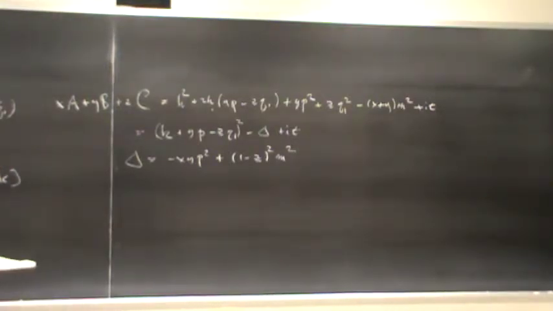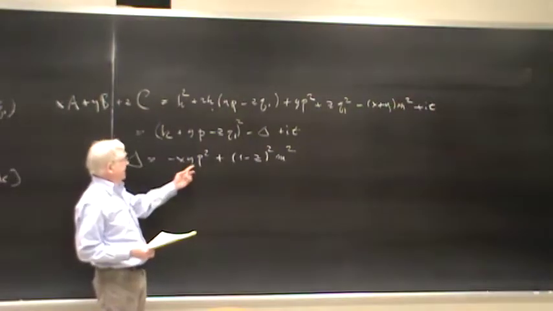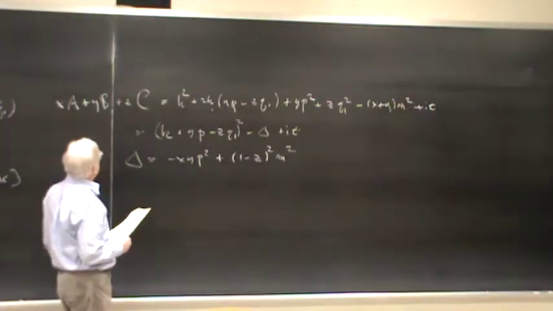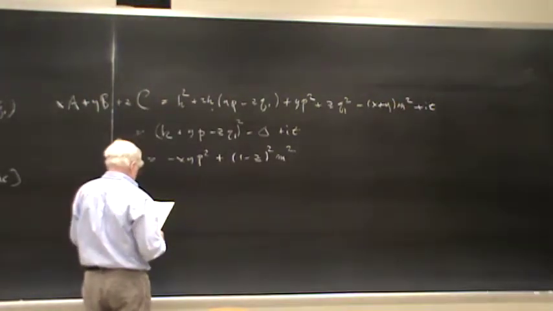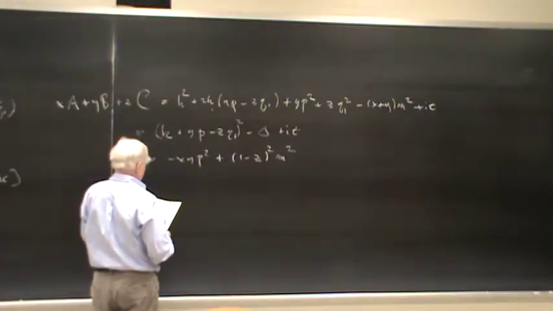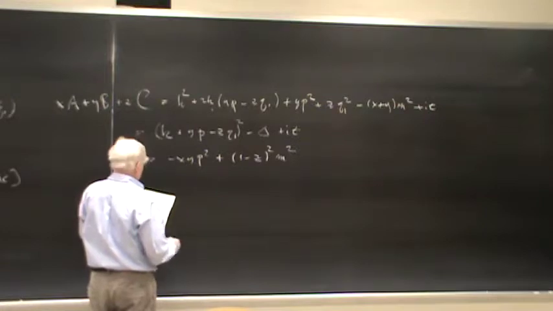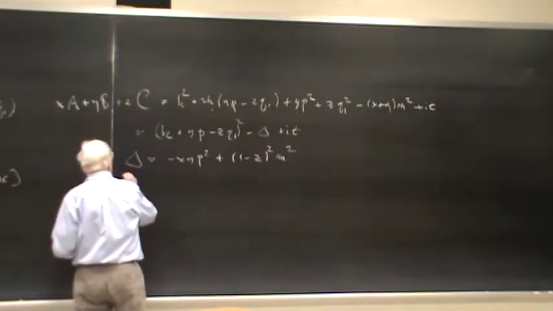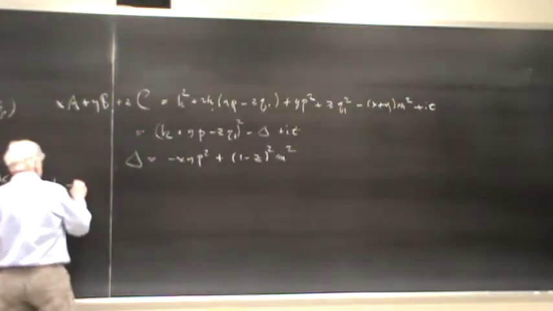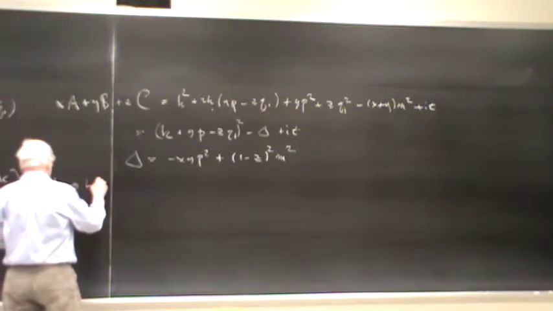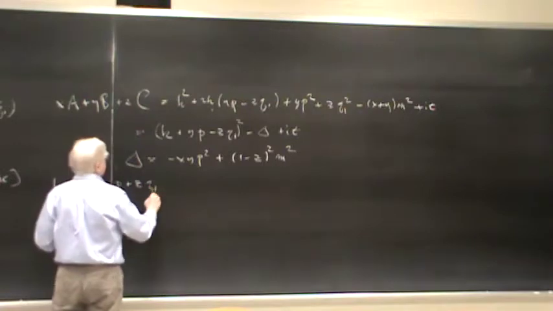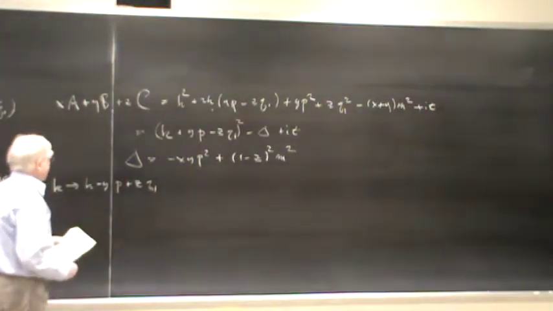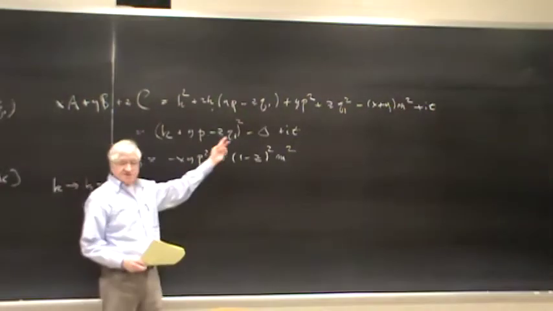So remarkably, delta has no k in it at all, and we can simplify some of this if we shift k to k minus YP plus ZQ1, and that shift, of course, cancels all of this.